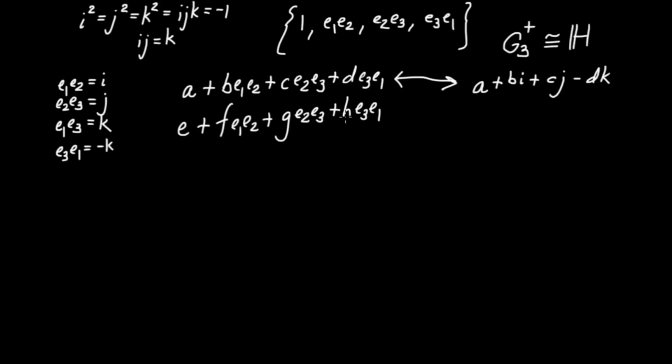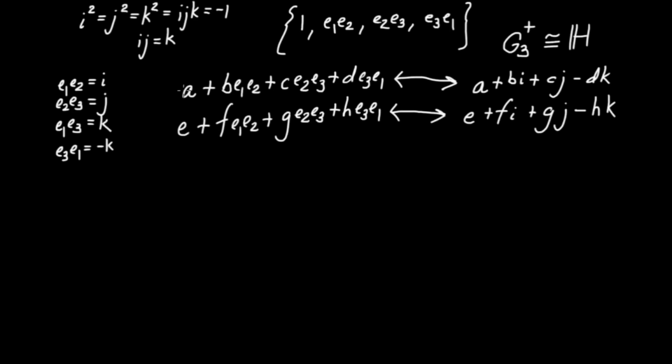Those are just the coefficients sitting out in front of the basis element. This too can be sent over through the isomorphism to a corresponding quaternion, which is done in a similar way up here, just keeping e, f, g, and flipping the sign of the h there. So this would be the quaternion e + fi + gj minus hk.